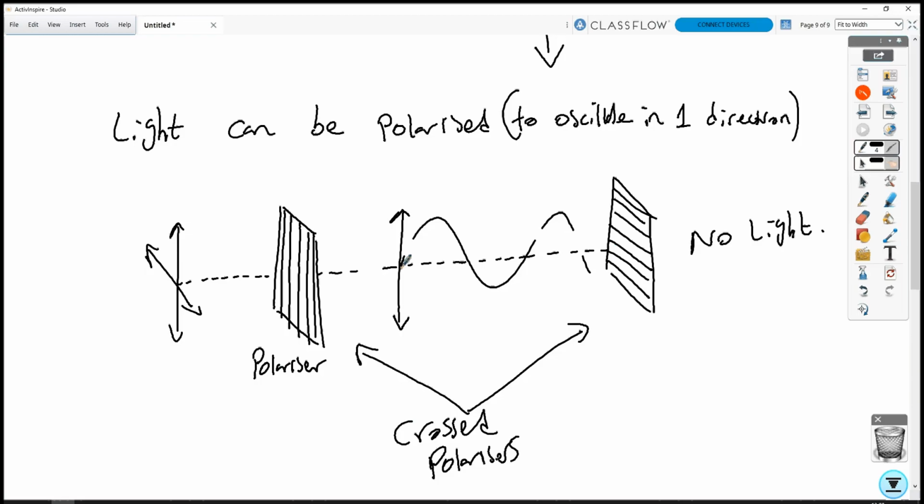In the first one, it's oscillating in both x and y directions. But I didn't want to draw both of them oscillating at the same time because that's going to look very messy. So I didn't draw the actual wave as it oscillates in the first situation. I only showed it partially in the second one to show you that it's still oscillating, but the horizontal oscillation, so the x components, have disappeared after the first polarizer.